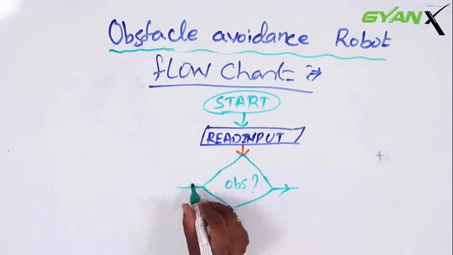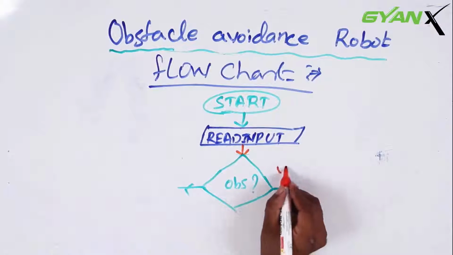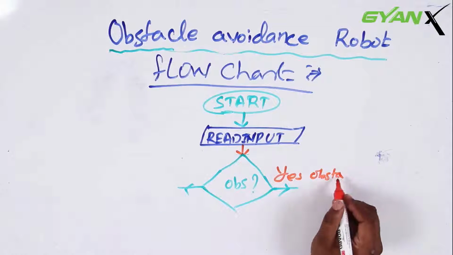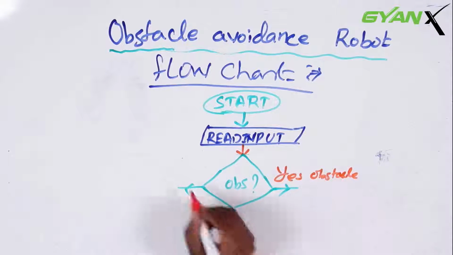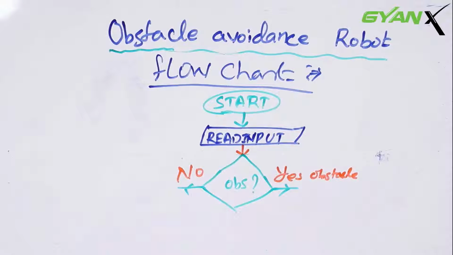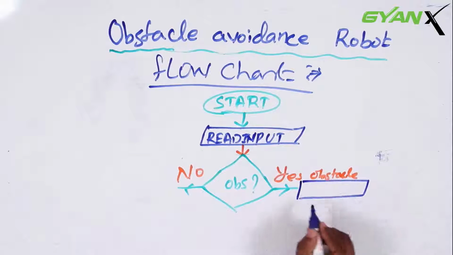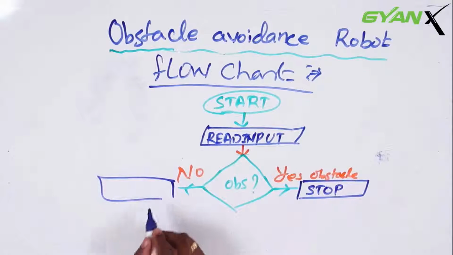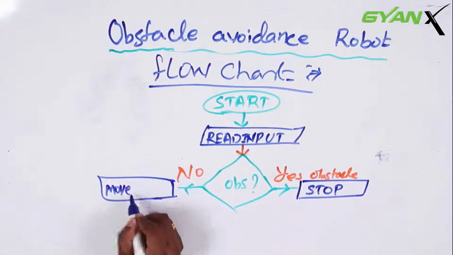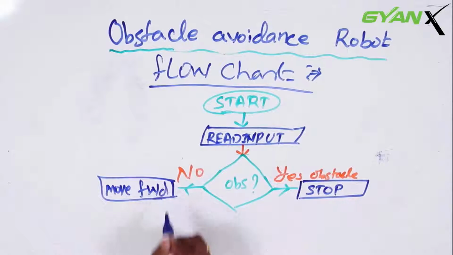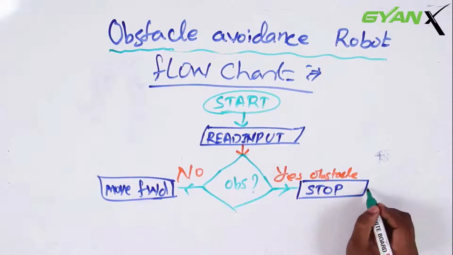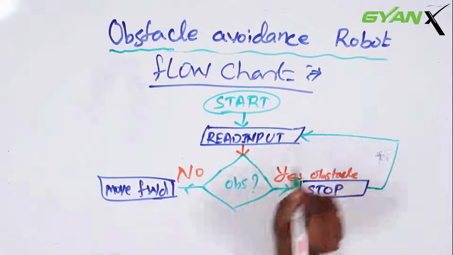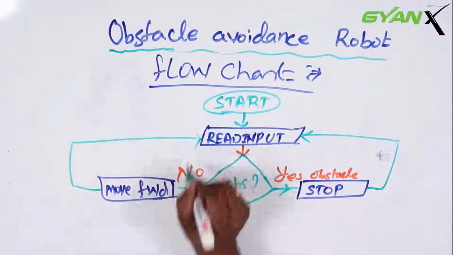The answer can be either yes obstacle or no. If yes obstacle, then you need to stop your robot. If no obstacle, then you write move forward. After stopping, you also need to go to read input, and after move forward, you also go to read input.